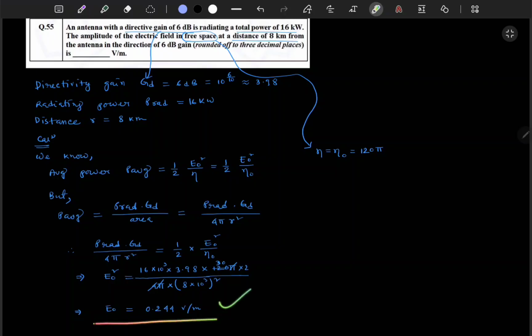So E naught will be this. This eta naught is the intrinsic impedance of the medium. So this is the answer, the last question of the day. And if you see, it is rounded up to 3 decimal places, so up to 3 we need to write after the decimal point. We need to take care of this.